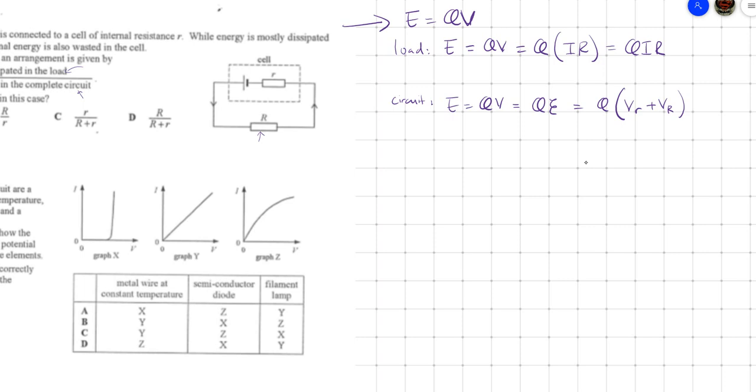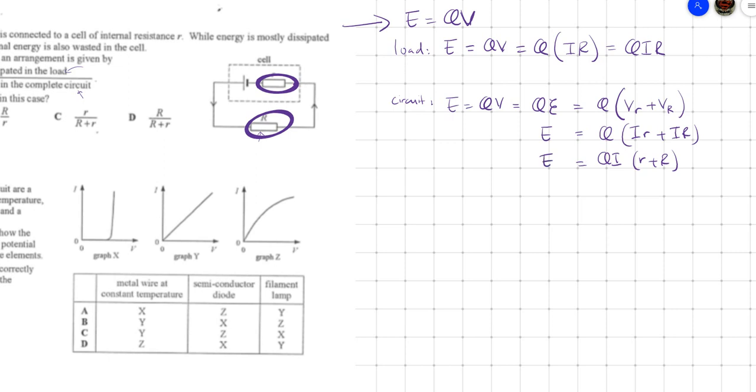I'm going to simplify this even further: I small r plus I big R. Remember V is equal to IR. I is the same because it's a series circuit, so this one here and this one here are in series. So I take I out to end up with r plus capital R, and this is energy.